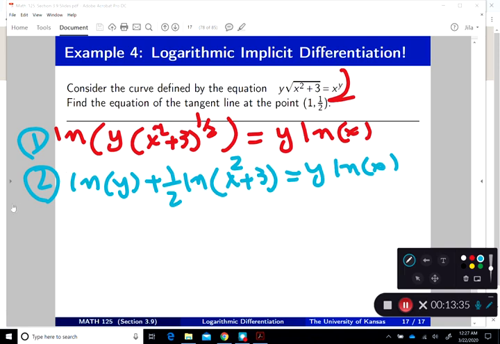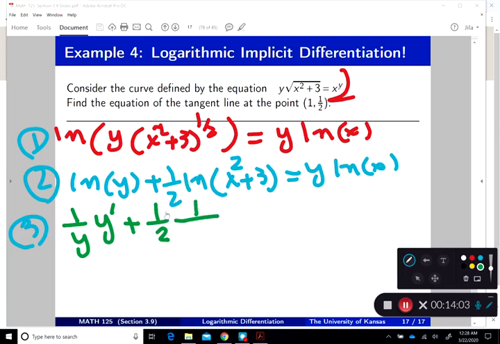So when I'm taking the derivative, it's 1 over y, but then I multiply by the derivative of the inside, which is y prime, plus 1/2 as the coefficient, then the derivative of the outside, 1 over x squared plus 3, then the derivative of the inside, which is 2x.